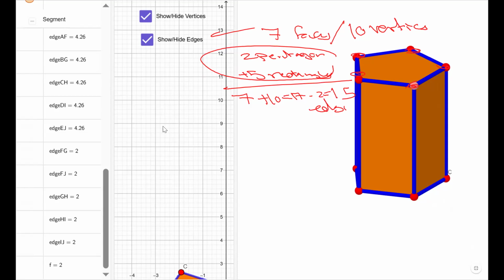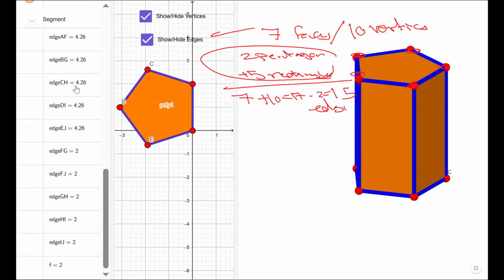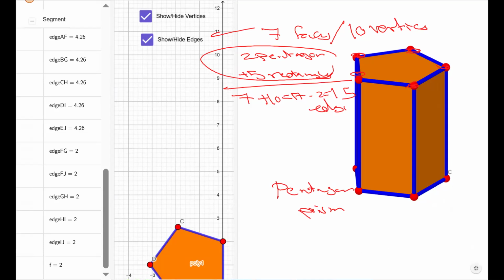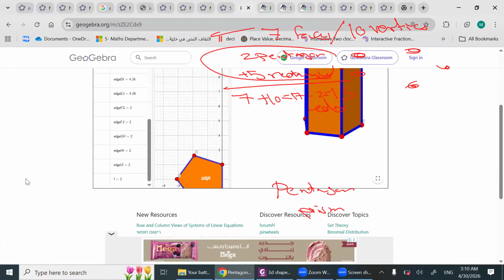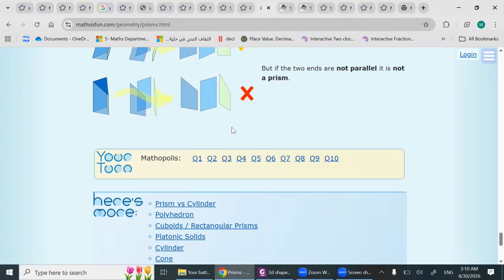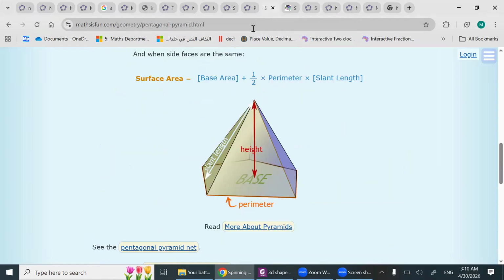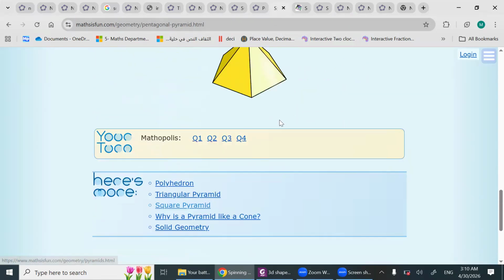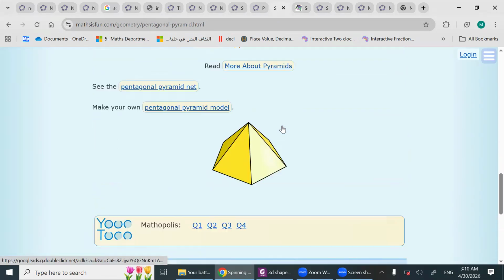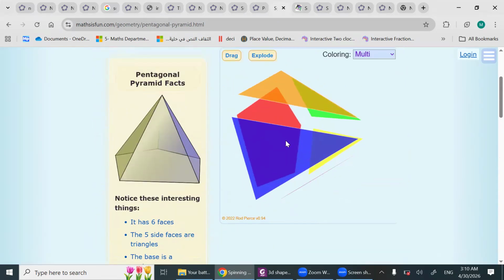We're going to compare this shape, which is called again a pentagonal prism, with a pentagonal pyramid. The pentagonal pyramid has one pentagon, not two pentagons, and a central point. Because this shape is a pyramid, the number of faces is the same as the number of vertices.